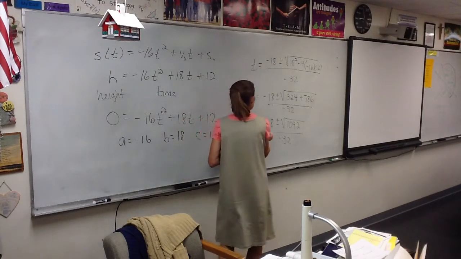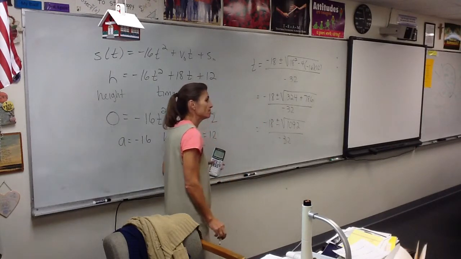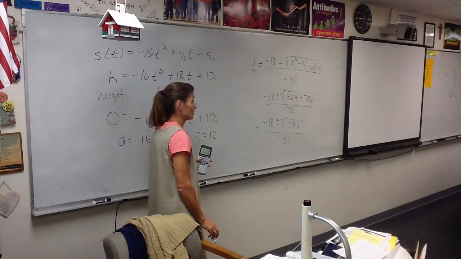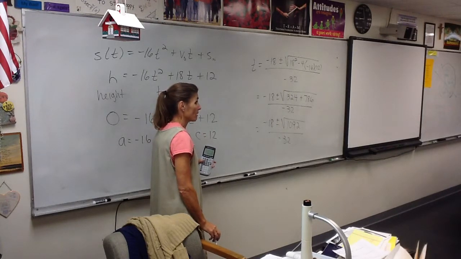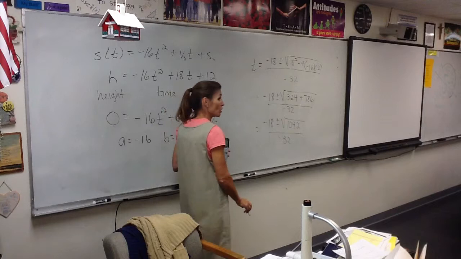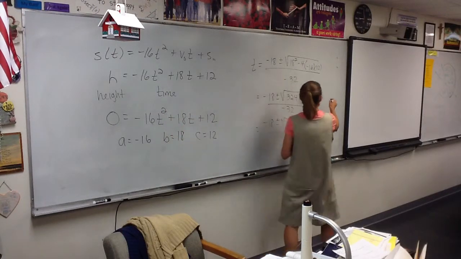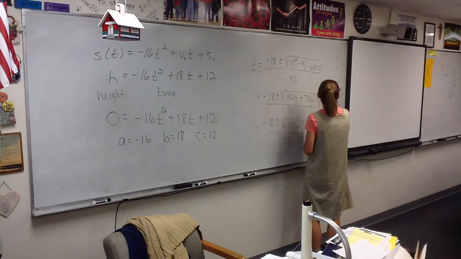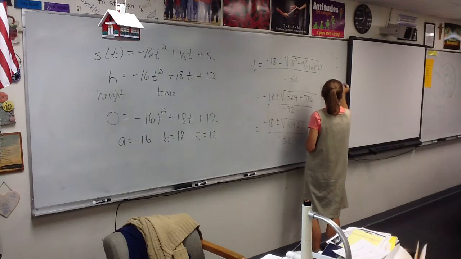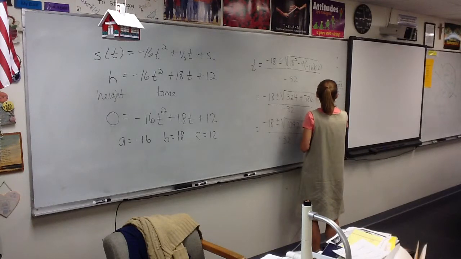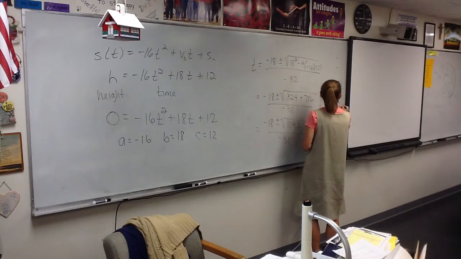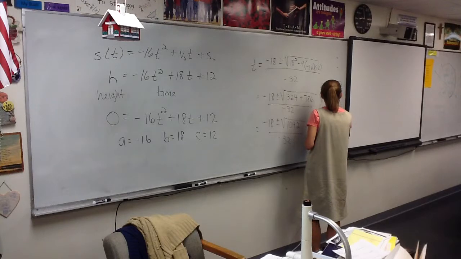Now, how many answers do I have here, kids? 2. I have 2. So I'm going to solve each one individually. One of my answers will be negative 18 plus the square root of 1092 over negative 32. And the other one will be negative 18 minus the square root of 1092 over negative 32.